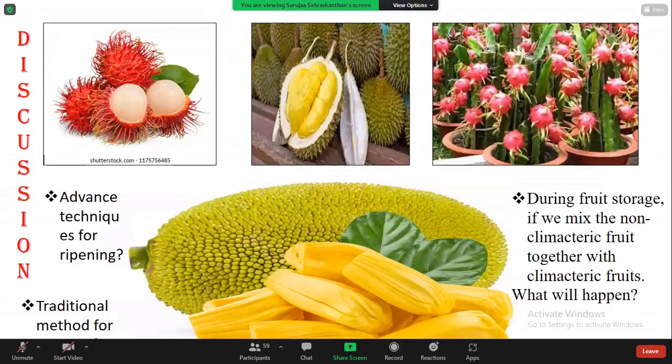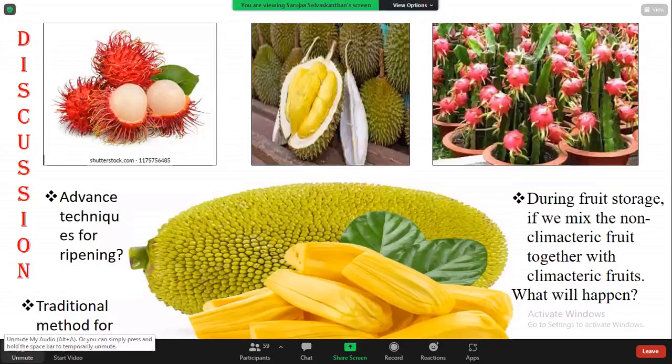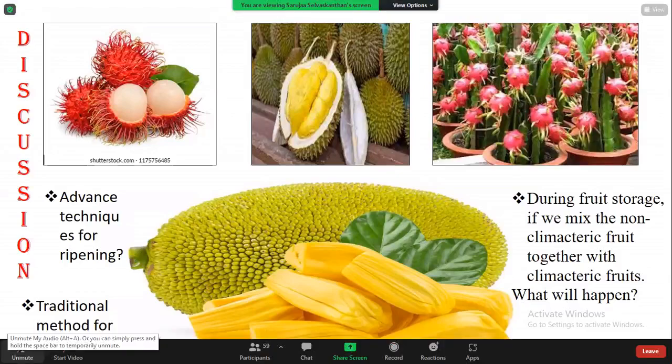Upcountry people mostly know this one. What is this?